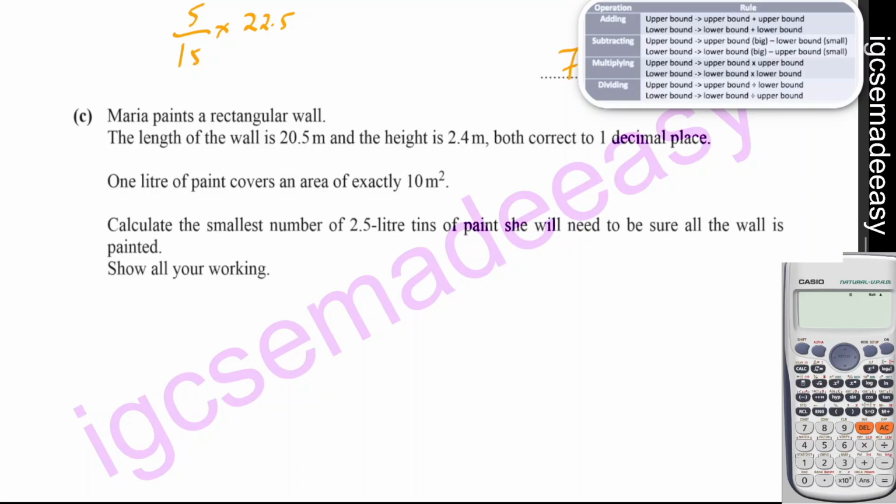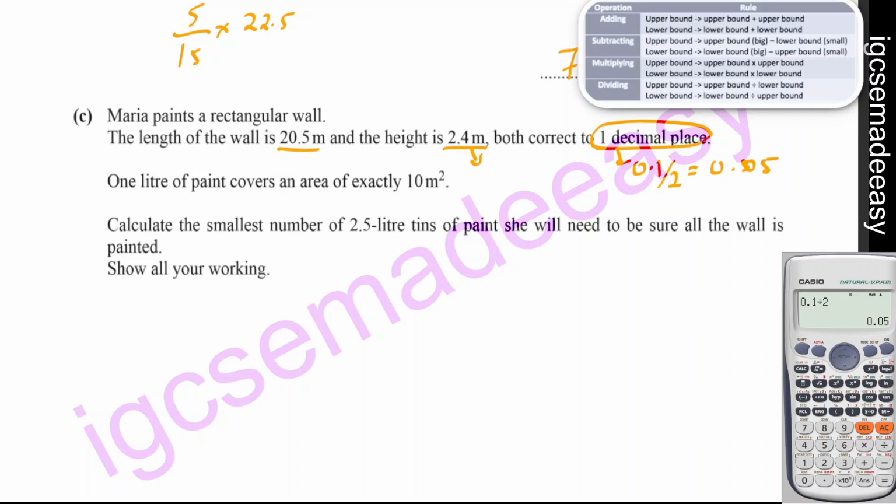The length of the wall is given as 20.5 meters and the height is 2.4, both correct up to 1 decimal place. So 1 decimal place means 0.1, and we have to divide that by 2. 0.1 divided by 2 in my calculator gives 0.05.